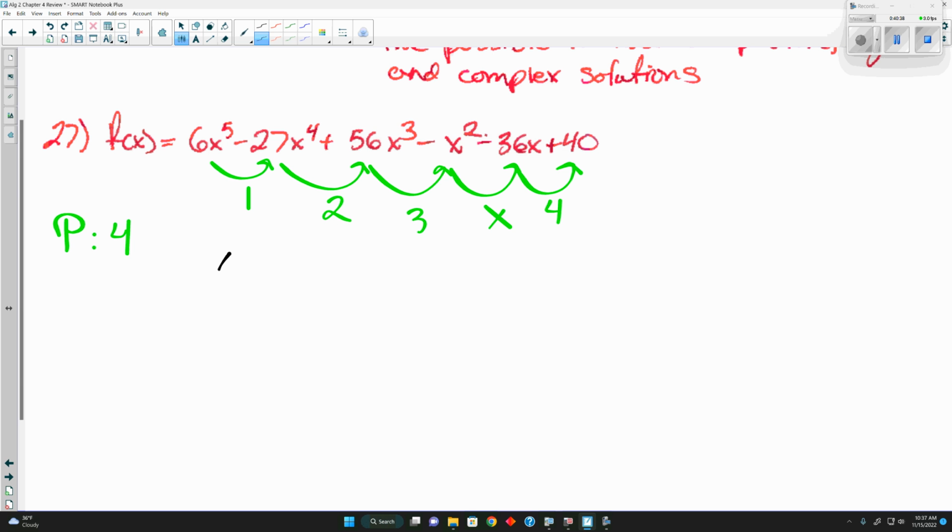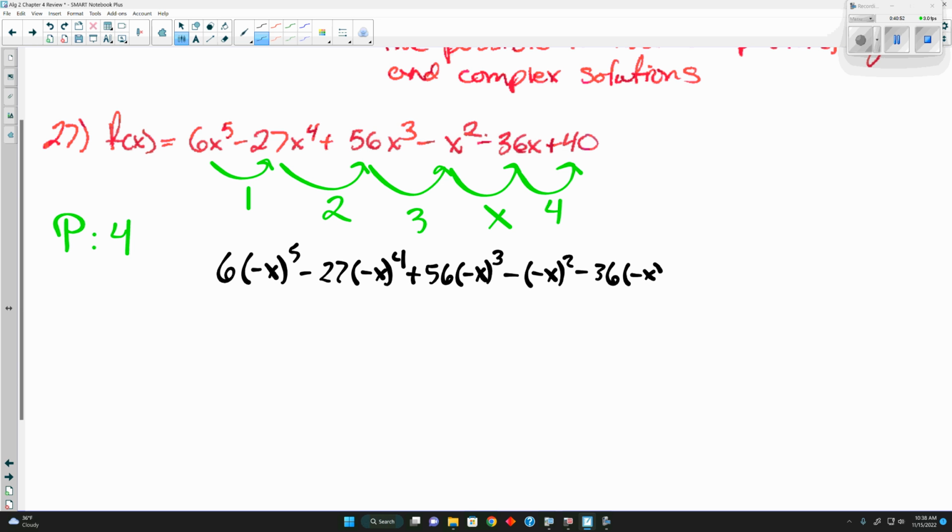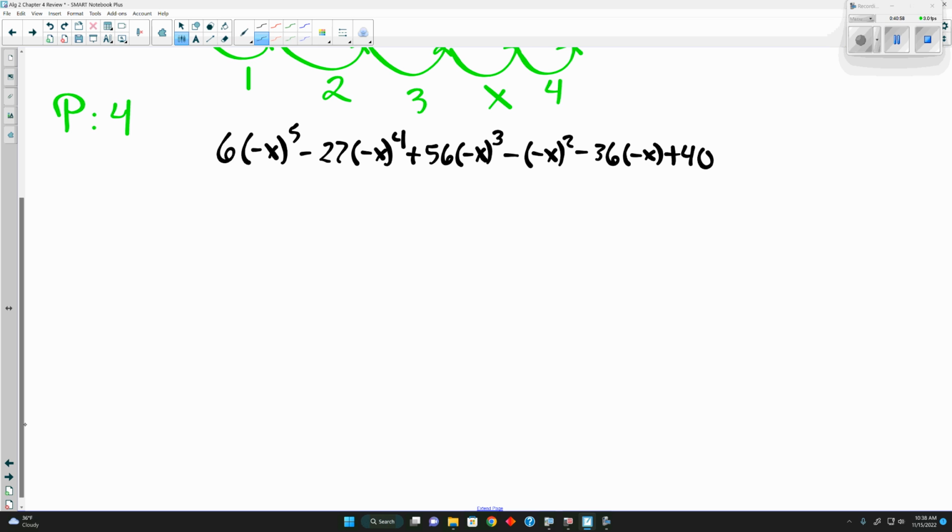For the negatives, we're plugging negative x into each spot where there is an x. And as we observed when we went over this the first time, if the power is odd, the sign will change. If the power is even, it stays the same.